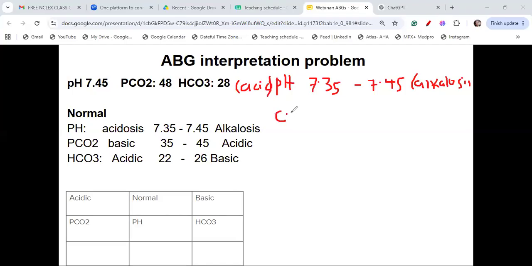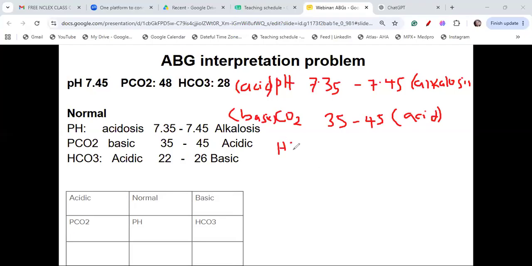Then you move to CO2. The normal is 35 to 45. On this side, it's acidic. On this other side, it is basic when it's less than 35.